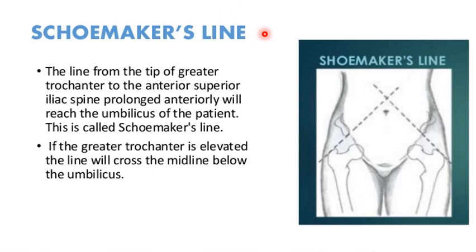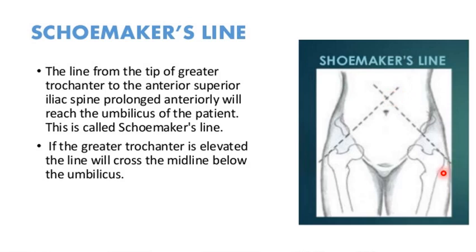Another line of diagnostic importance is Shoemaker's line, where a line is drawn from the tip of the greater trochanter to the anterior superior iliac spine and is extended onto the abdomen. So the intersection of both the lines will be above the umbilicus.